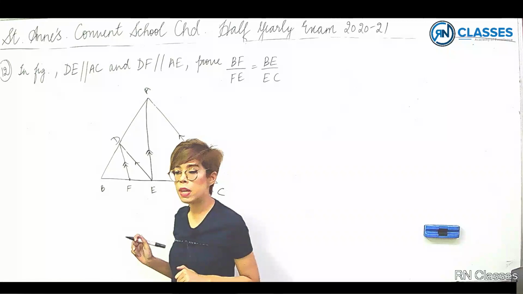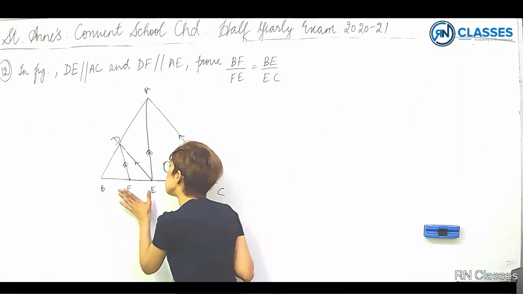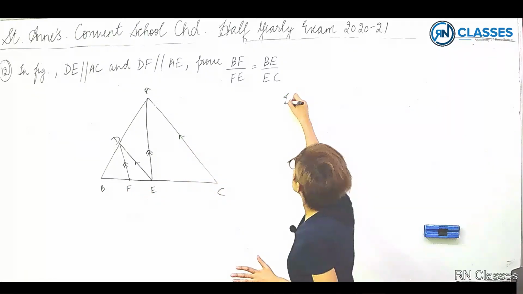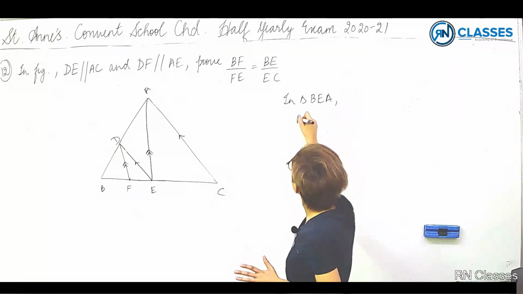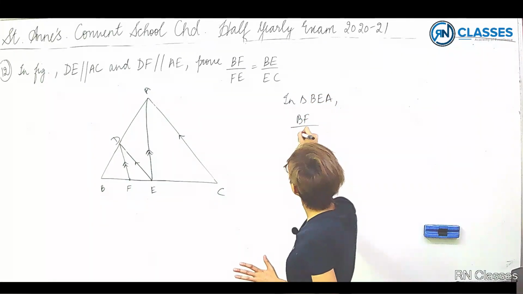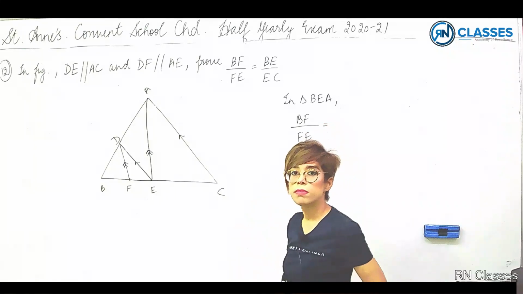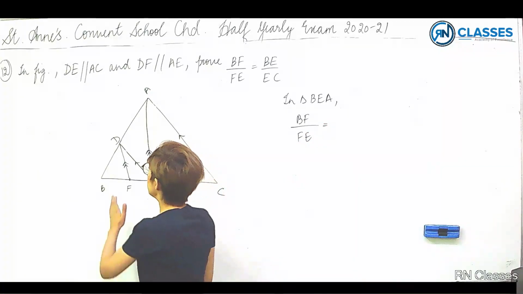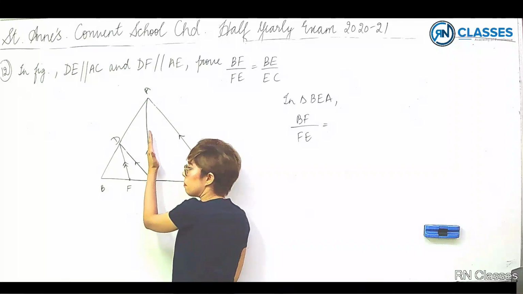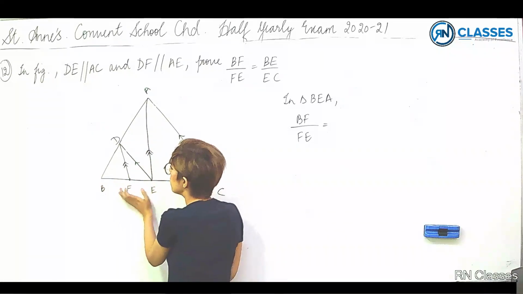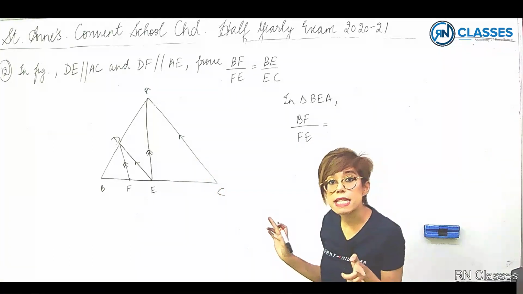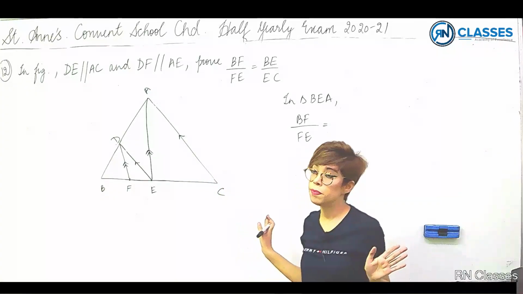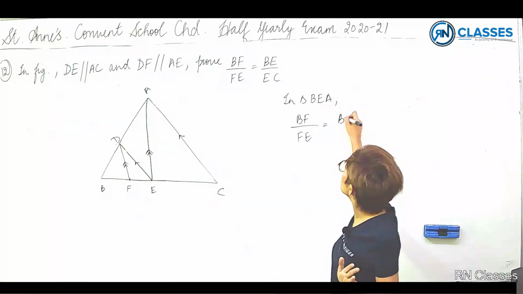Triangle BEA. Can you tell me what is BF by FE? In triangle BEA, you can say that BF by FE is equal to, look for the parallel side. This is parallel to this. That means BF by FE is equal to BD by DA by the basic proportionality theorem. So this is equal to BD by DA.